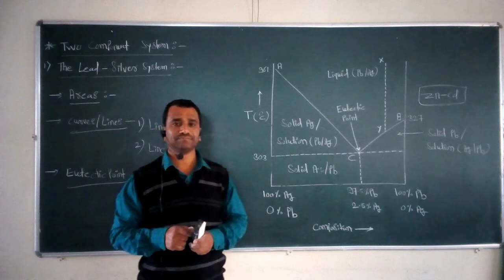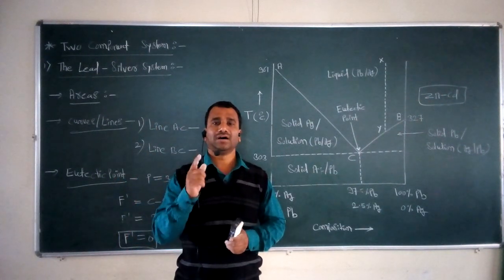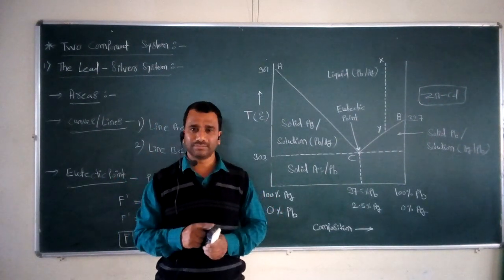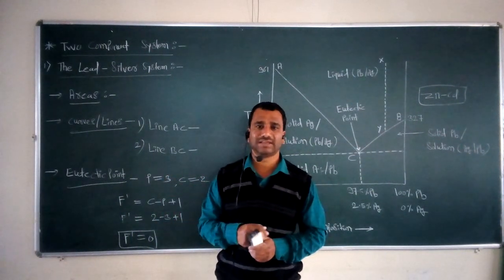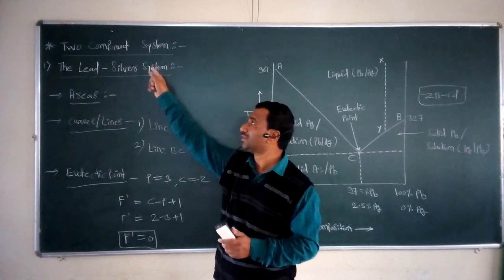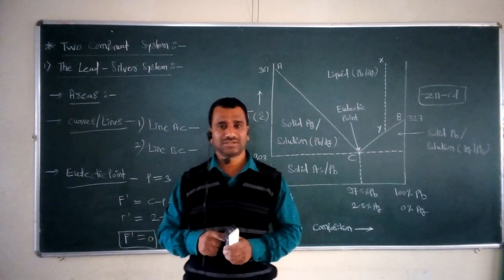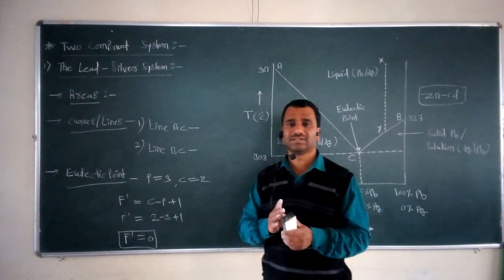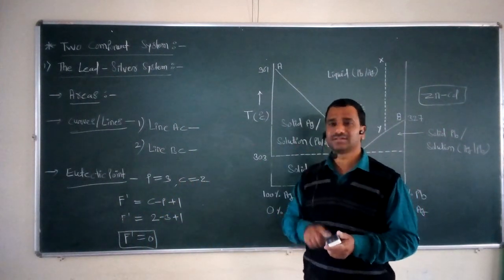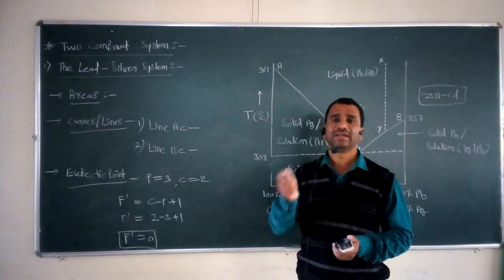In summary, in a previous lecture we took the first system, a one component system called the water system, and in today's lecture we took the lead silver system belonging to the two component system. In both these cases we considered the common parameters: the areas, the curves, and the triple point or eutectic point.